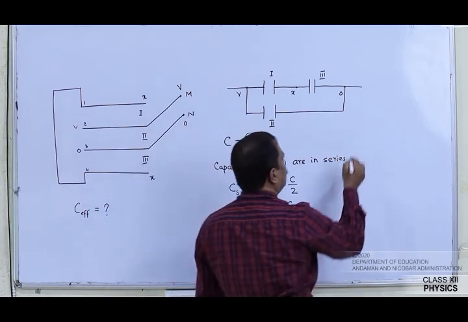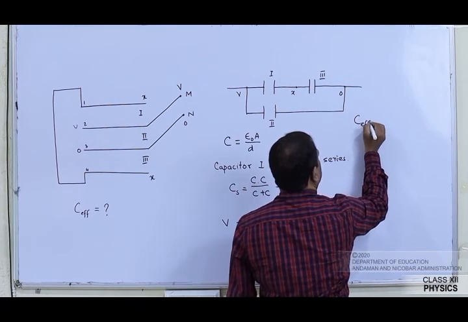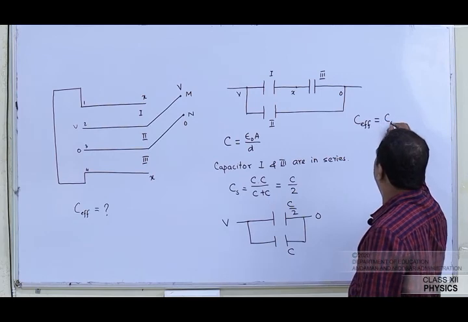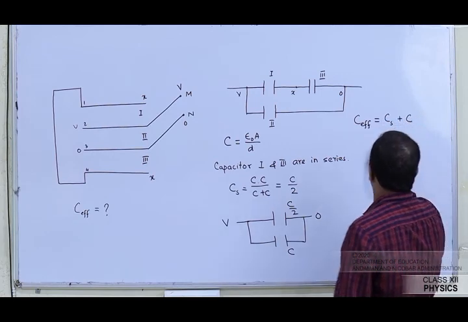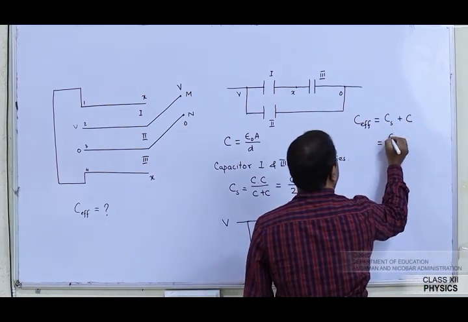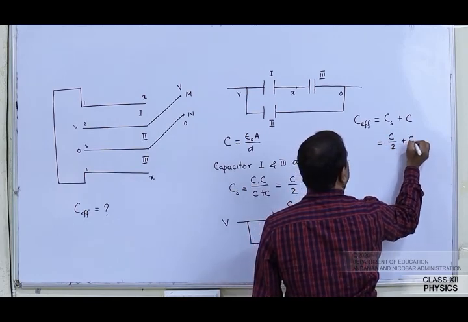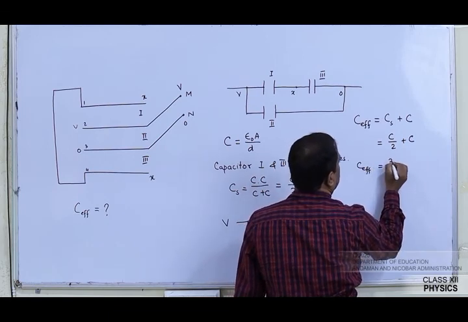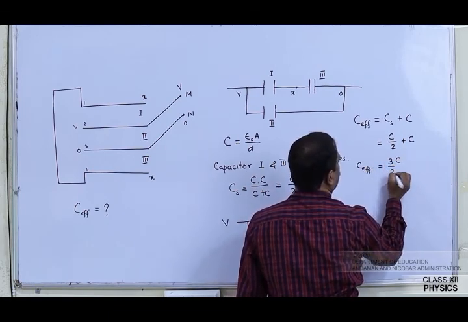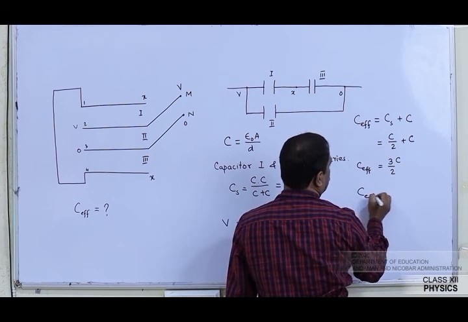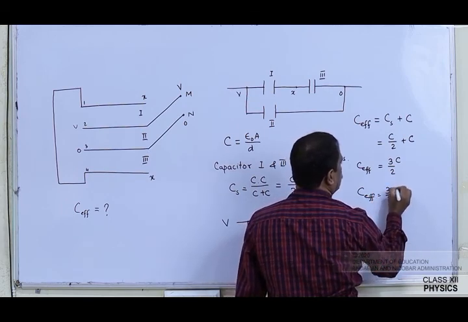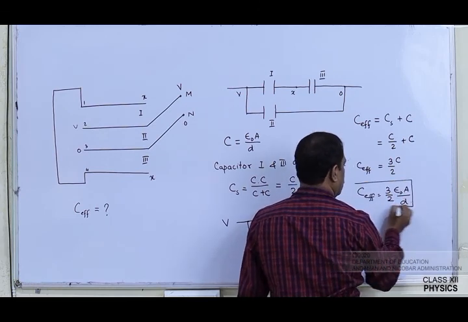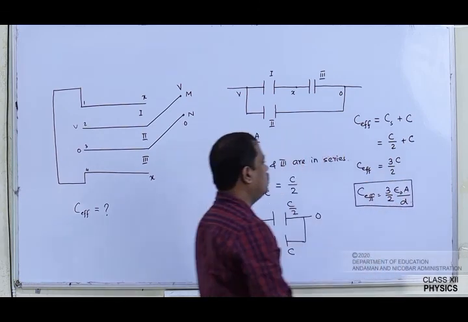This time the effective capacitance works out to be Cs plus C, otherwise C by 2 plus C. So C effective is 3C by 2. Otherwise C effective happens to be 3 by 2 epsilon 0 A divided by D. So this is the answer.